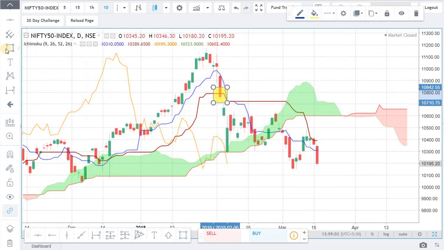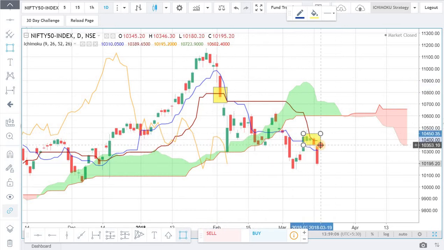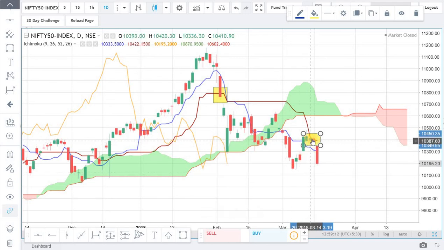I don't have that here, but if it bounces off baseline, which is equally relevant, it has taken this as a support and is bouncing off. That's an equally relevant indication, because like crossovers, taking support is also an equally relevant indicator.